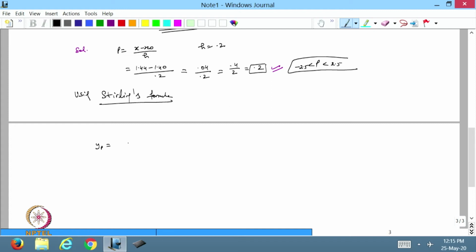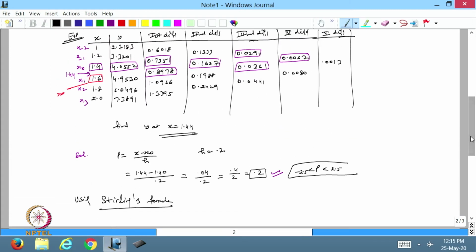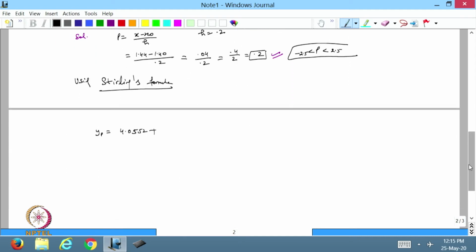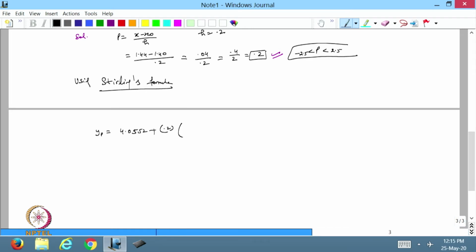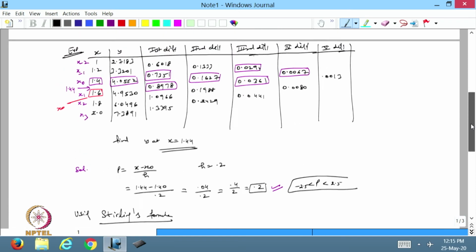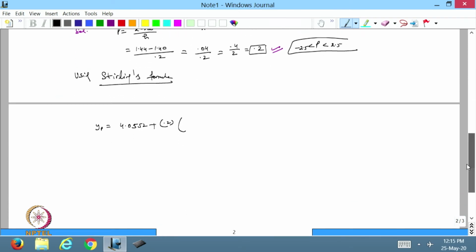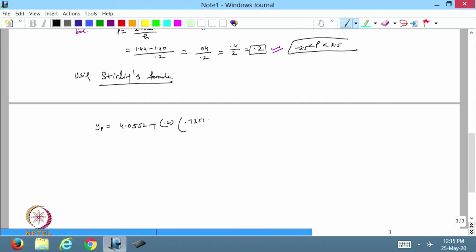I will take the value 4.0552 plus, so this value I am choosing first, then the average of these two values, the next values. So plus p, the p is 0.2, multiplied by 0.7351. So I will write 0.7351 plus 0.8978 divided by 2. So this is the average value I have taken.